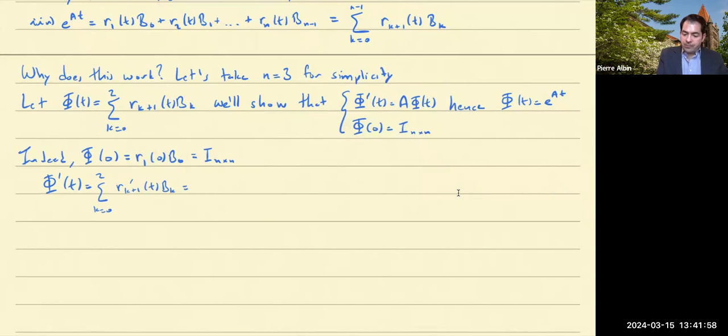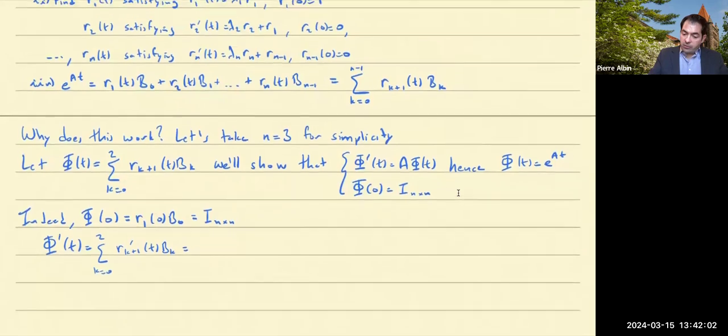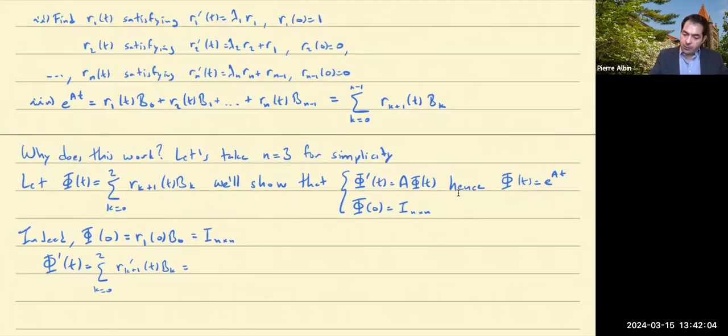So that would be, from the differential equations that each of these r's satisfy, lambda 1 r1 times B0 plus (lambda 2 r2 plus r1) times B1 plus (lambda 3 r3 plus r2) times B2.